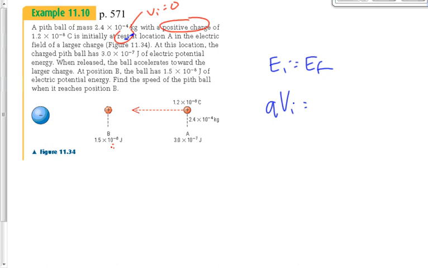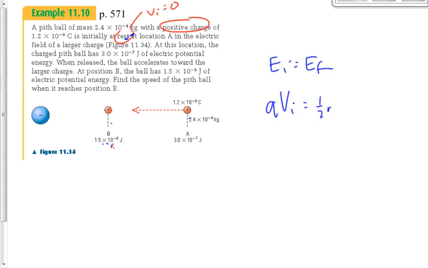Okay, it says it's initially at rest at location A, and then it goes to location B, which is not all the way down the hill. What kind of energy does the car have when it's part way down the hill? Good. It's got potential and kinetic.